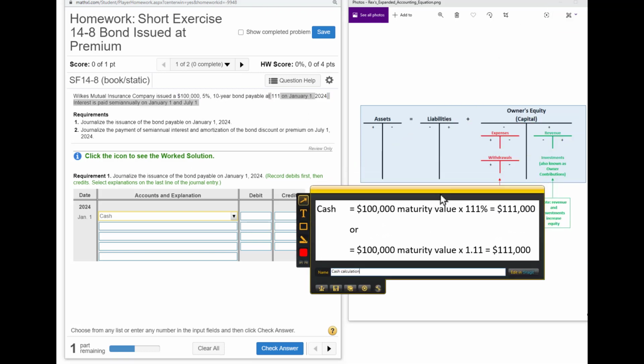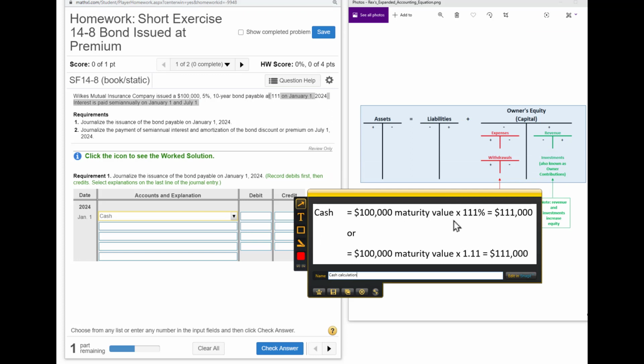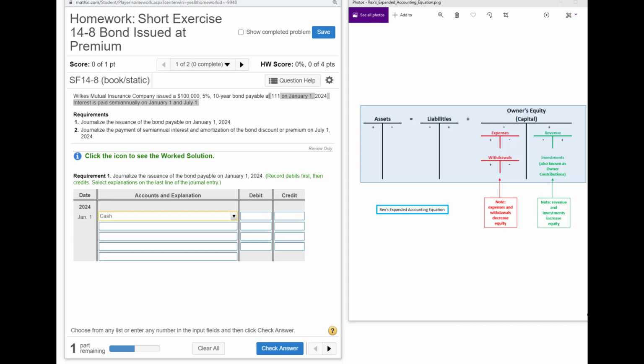When you do that, you get 100,000 times 1.11, which gives you $111,000. Copy and paste that. Plop it into the credit.